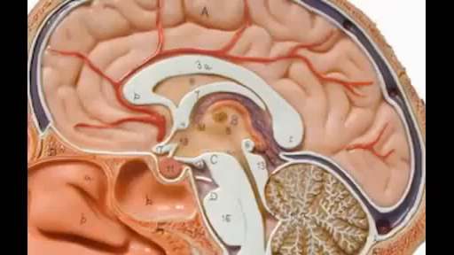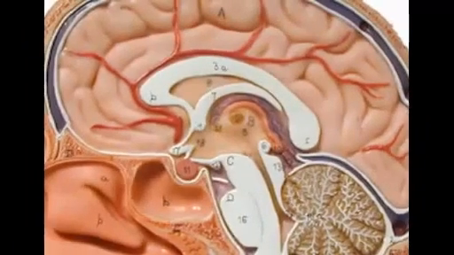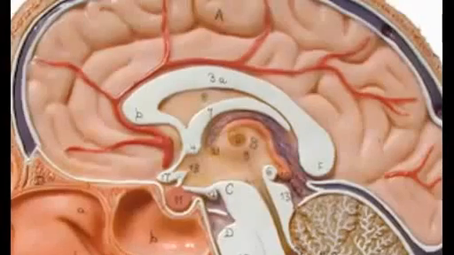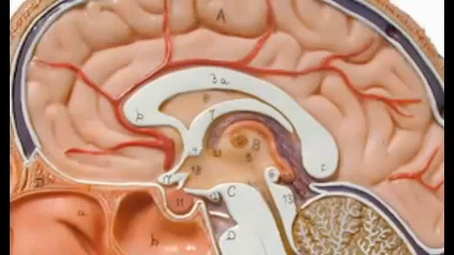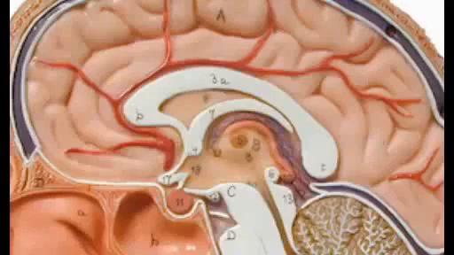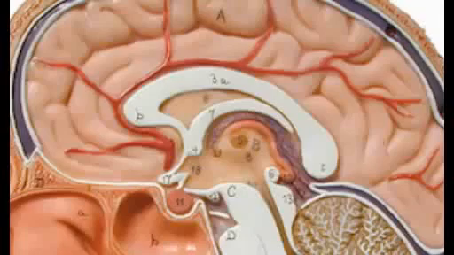And then see the number 3. This is your corpus callosum. This corpus callosum is a border between your cerebrum and your diencephalon, which in the middle includes the thalamus, hypothalamus, and epithalamus.